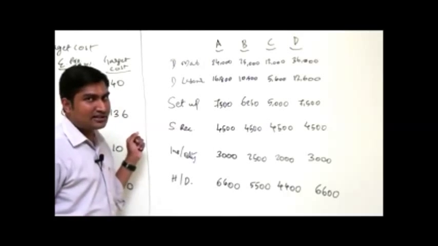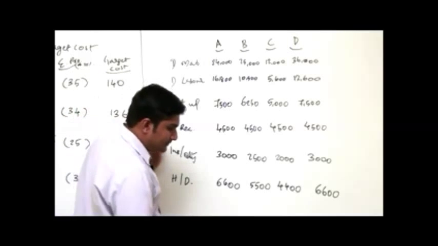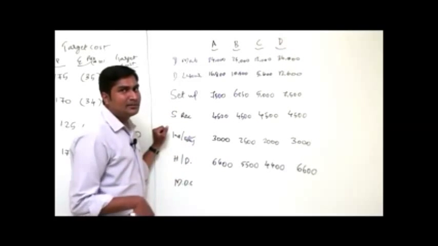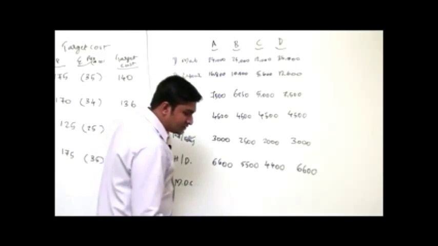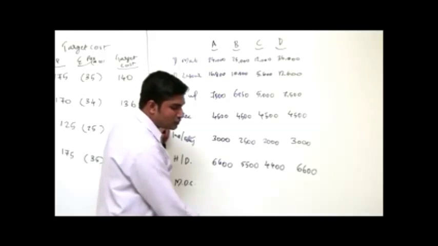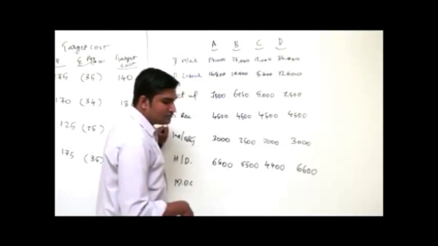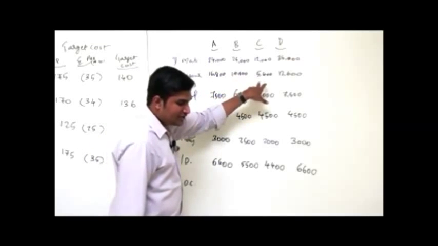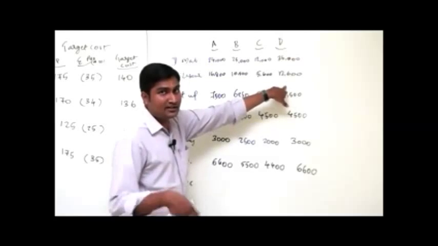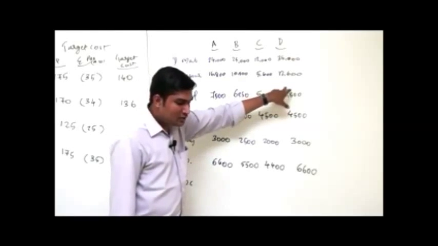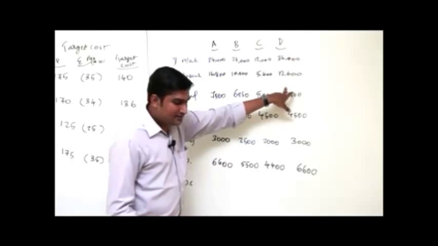Now on to the last activity, namely machining activity. This machining department activity is driven by the machine hours, and the total machine hours for A, total output, it is 600. So the total machine hours being 600 into 4, 2,400. On that basis, 2,400 for A, 1,500 for B, 800 for C, and 1,800 for D. We have to multiply it with 8.02, which was calculated in the previous table, the cost per machine hour.